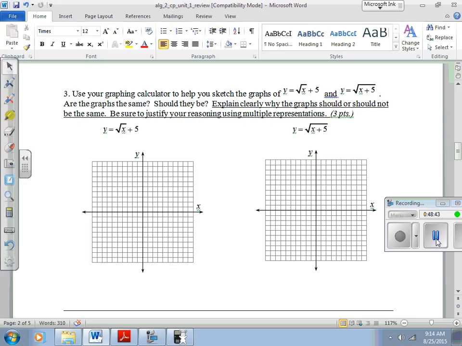It's on your cheat sheet right now. Go to your cheat sheet to y equals square root of x. The one we were just on, y equals square root of x, is on your parent function list. All right, we're going to type in y equals square root of x plus 5 on your calculator. So go ahead and turn on your calculators.